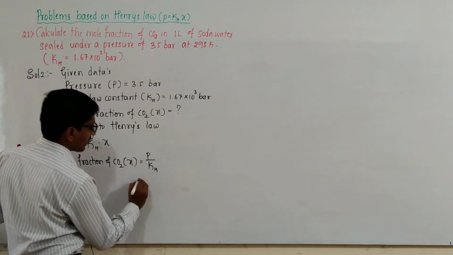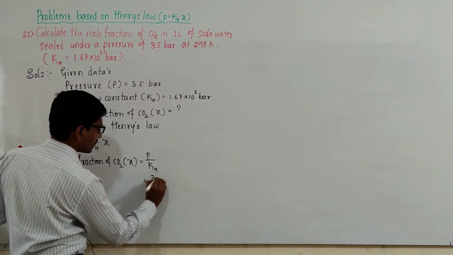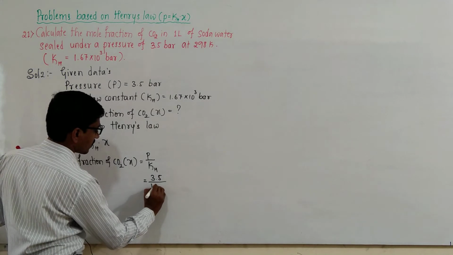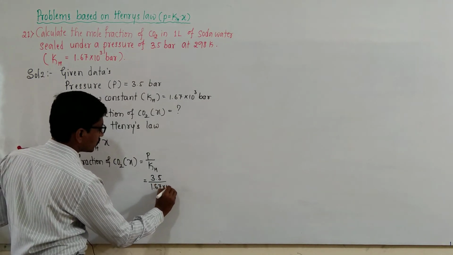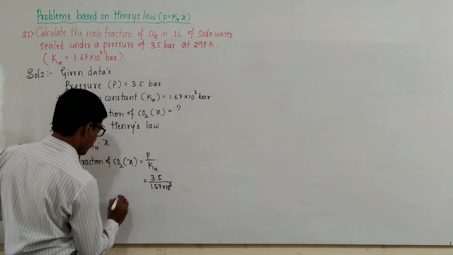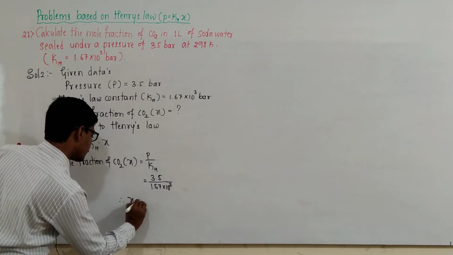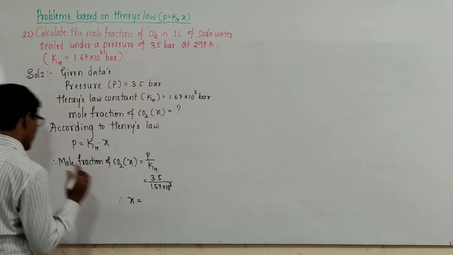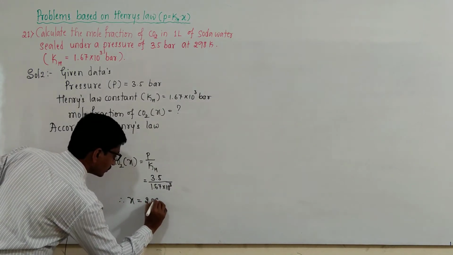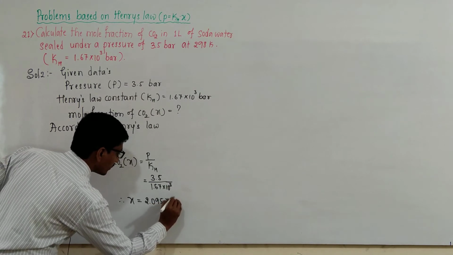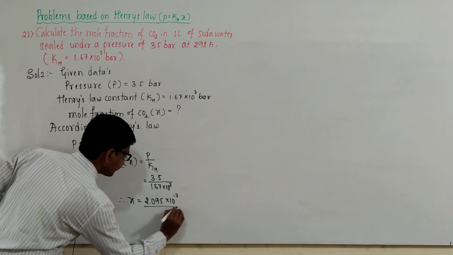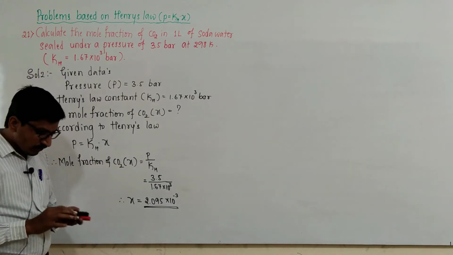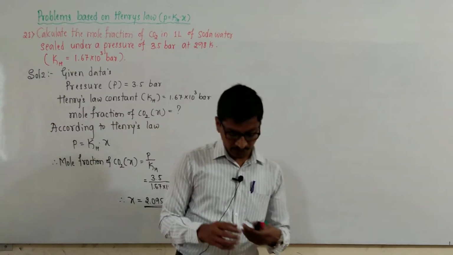Cross multiply and substitute the values: 3.5 bar pressure and Henry's law constant 1.67 into 10 raised to 3. Therefore, the mole fraction of CO2 is 2.095 into 10 raised to minus 3, and mole fraction is a unitless quantity.